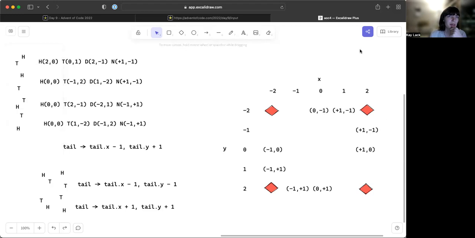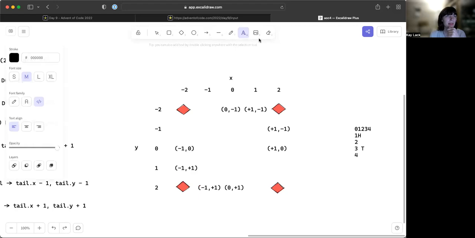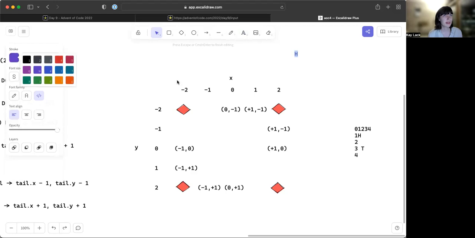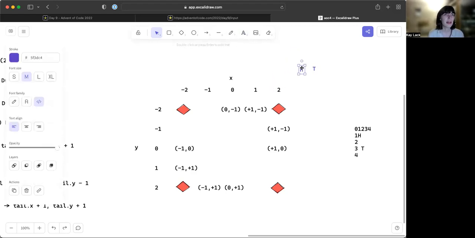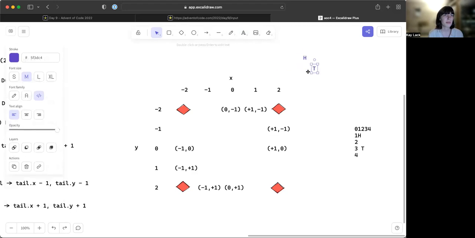So in the case where we've got, let's make the special H, where the tail is at 0, 0, and the H is here.